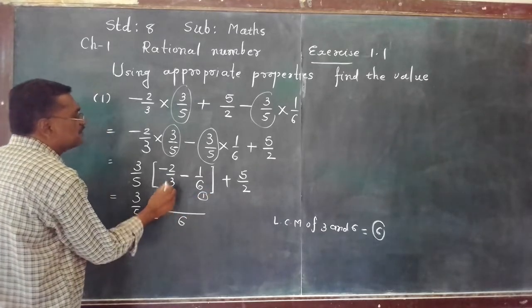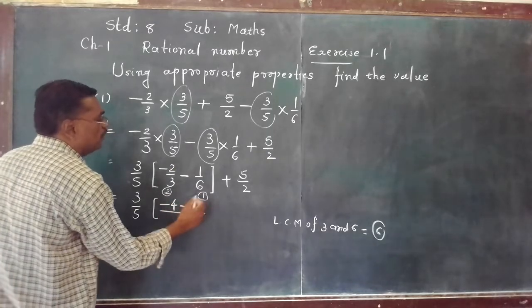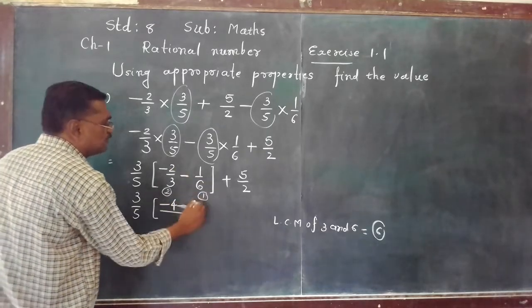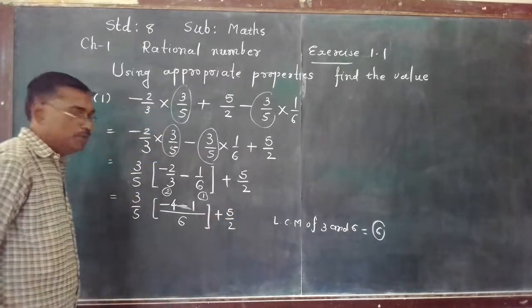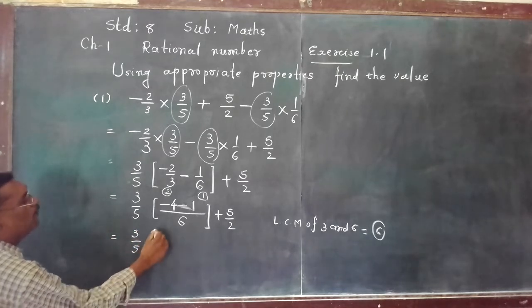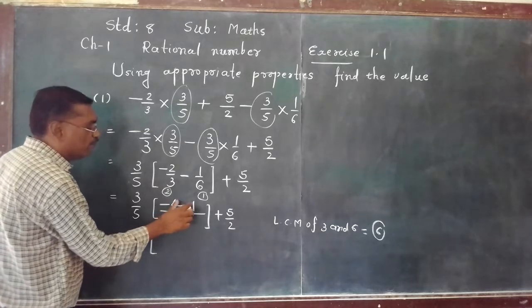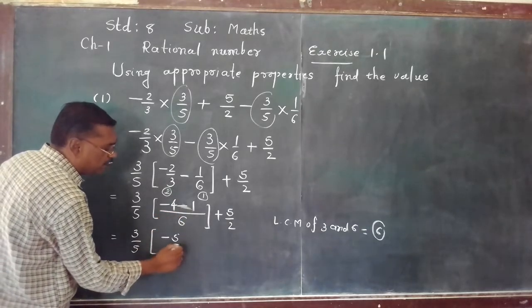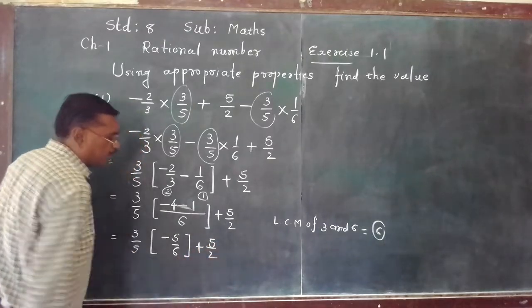Means multiply this to the numerator. 2 twos are minus 4. Minus 1 ones are 1, plus 5 upon 2. 3 upon 5. Now calculate this. Both are minus, so addition. Minus 4 minus 1 is minus 5 upon 6 plus 5 upon 2.